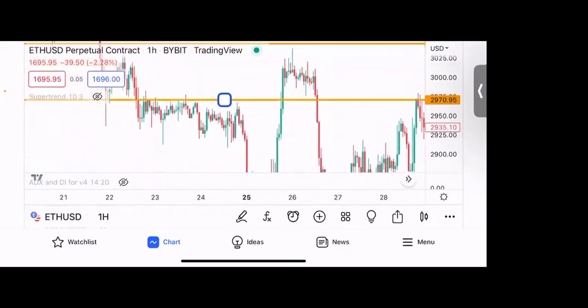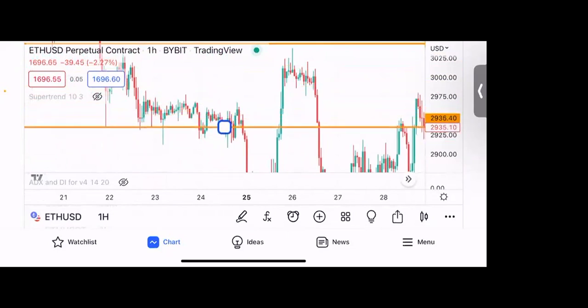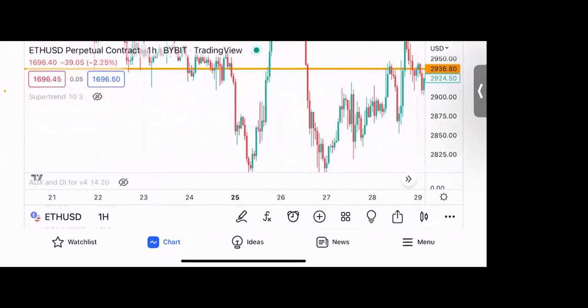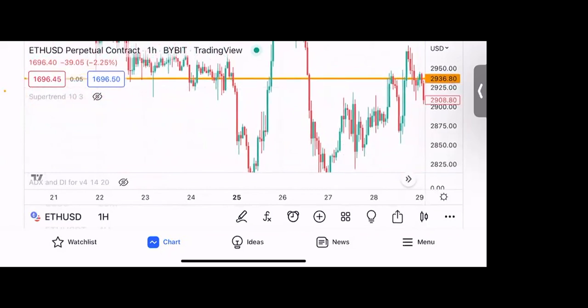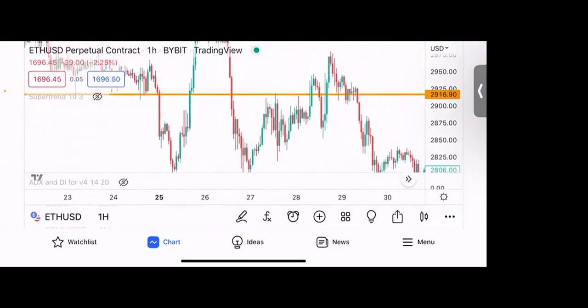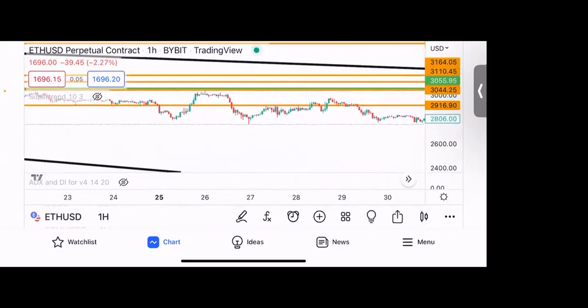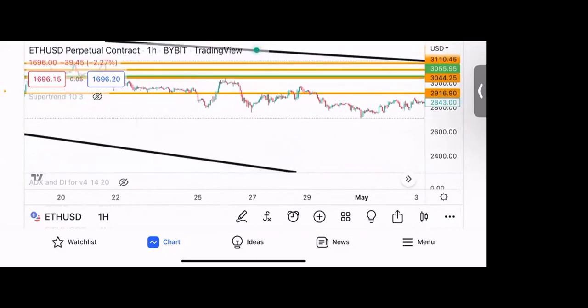So I'm gonna bring this one down just a little bit to my bigger wick. I see bigger wicks down here. It's only 1, 2. Bigger wicks right there. Boom. I like that. Right down right there. 3.